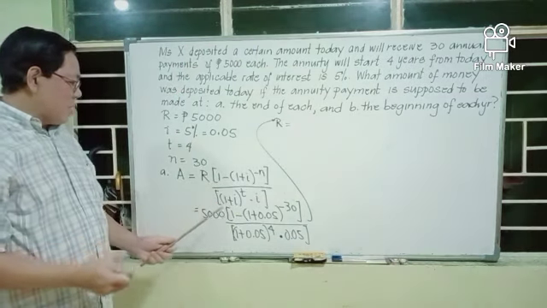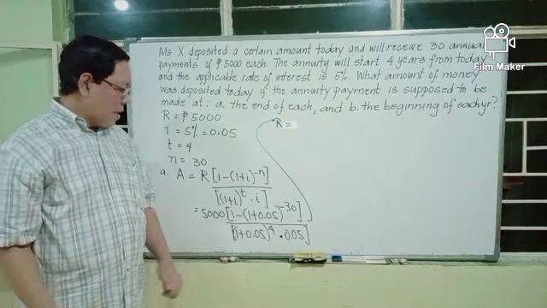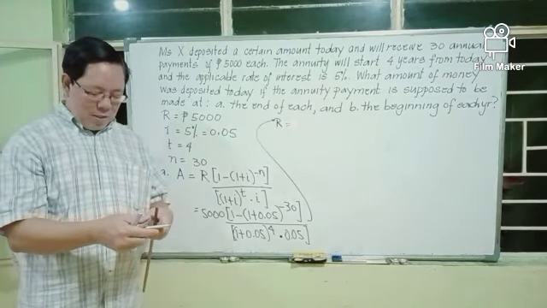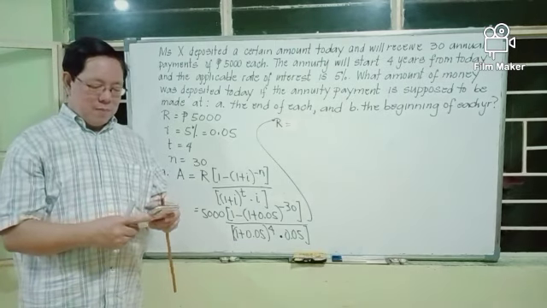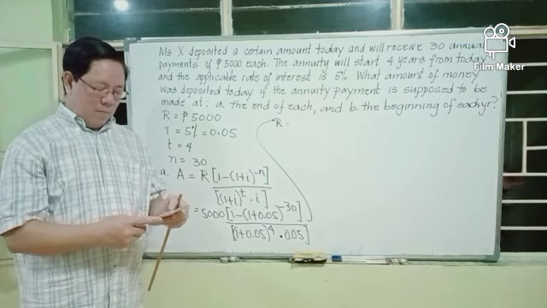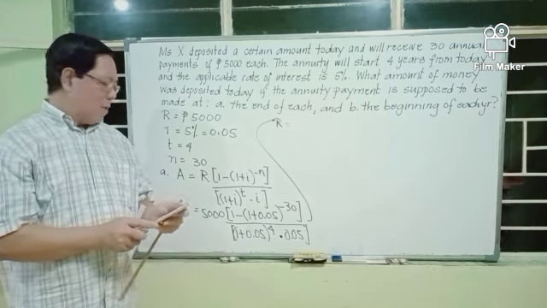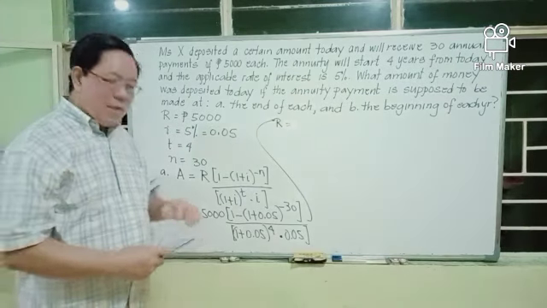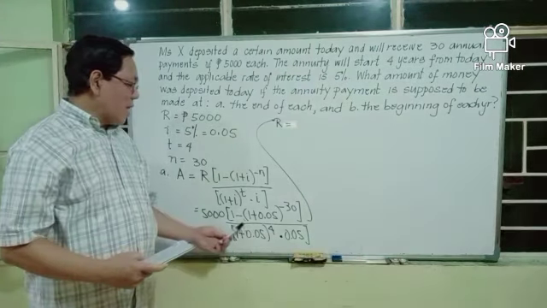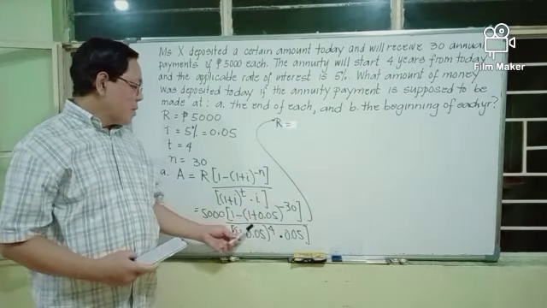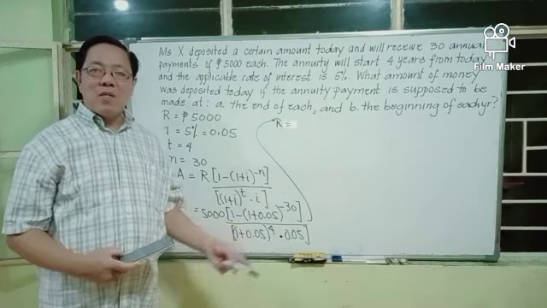And we compute this directly using our scientific calculator. We start with 1 minus 1 plus 0.05 to the power minus 30. 1 plus 0.05 is 1.05.